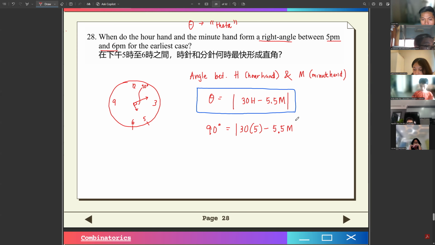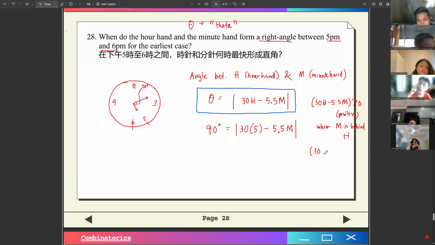Now take note, actually, this part, 30H minus 5.5M, this would be greater than 0 or positive when the minute hand is behind the hour hand. Okay? Meaning, it's before the hour hand. Like this, no? This example. That's the earliest case, right? If the minute hand is still behind the hour hand.